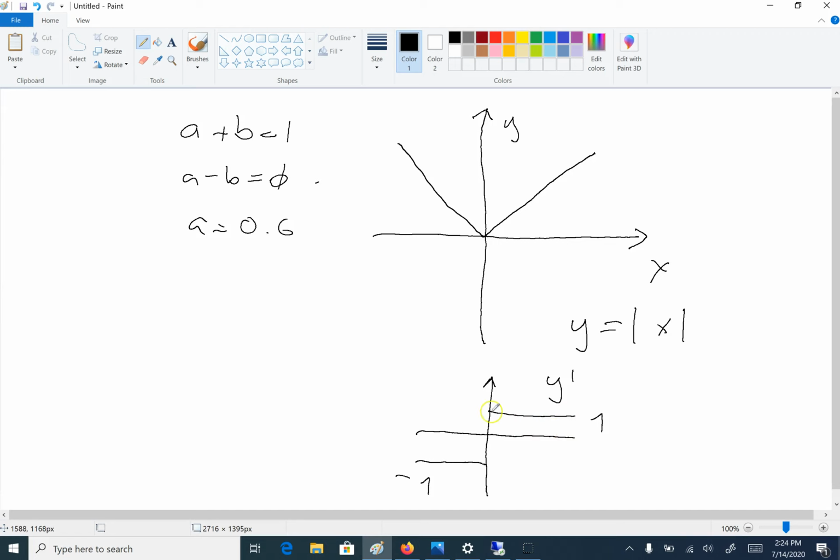And what's the first derivative value right at the y-axis? Well, it's undetermined.